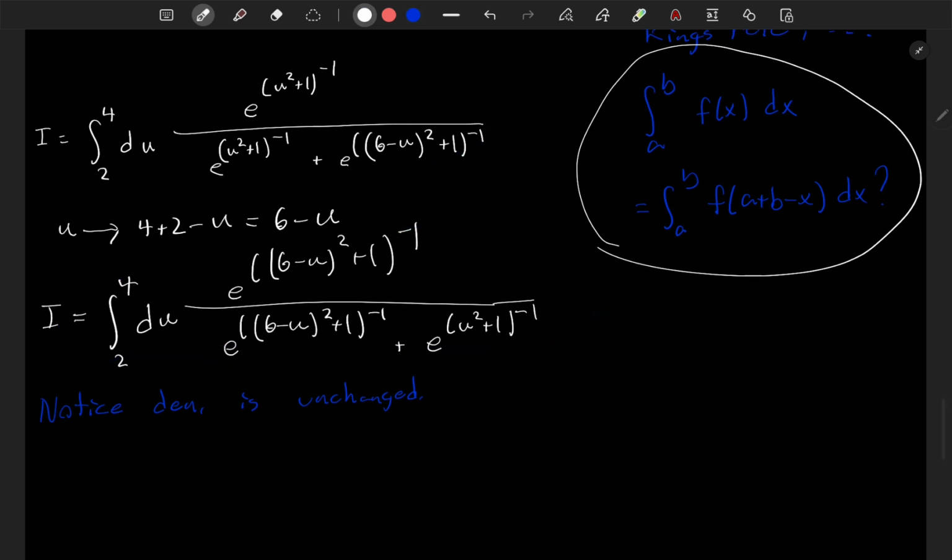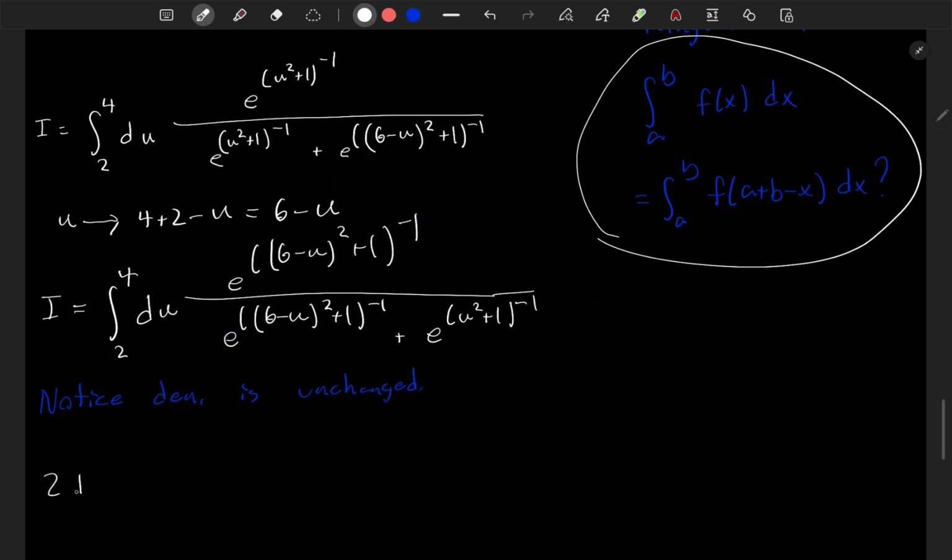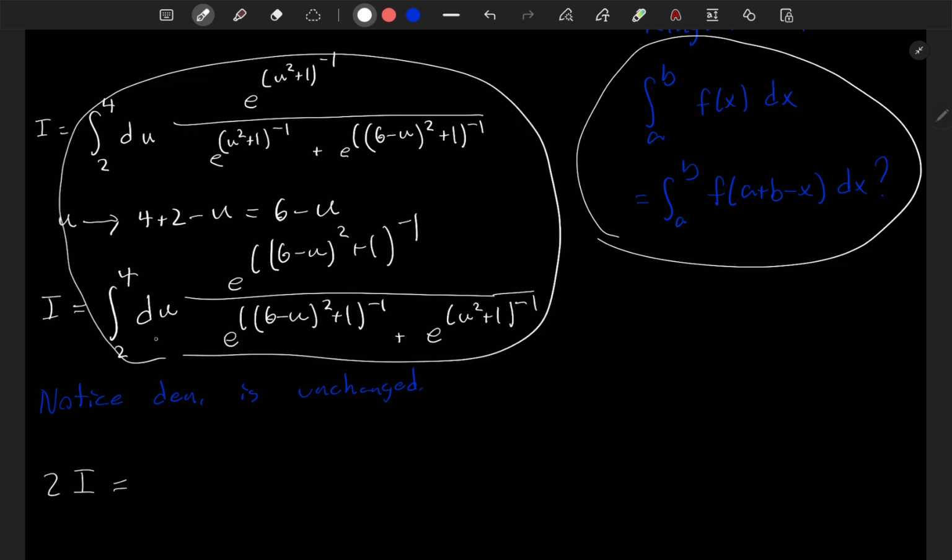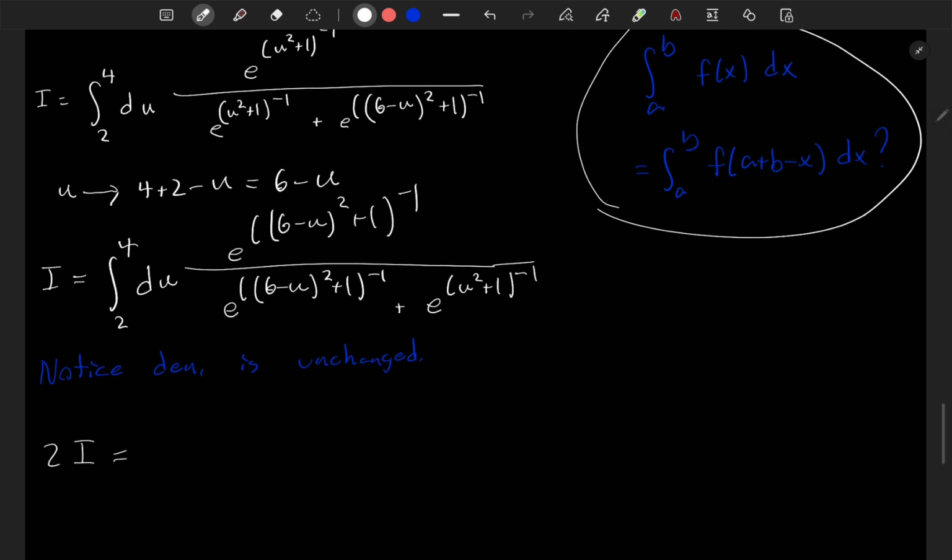We can add them together. So 2 times the integral is going to be the sum of these two. Notice that the integration range is the same for both, and they have the same denominators. So we nicely get the integral from 2 to 4 du.